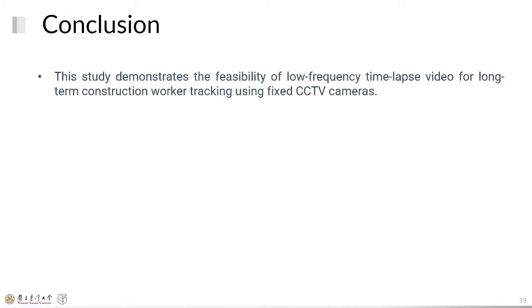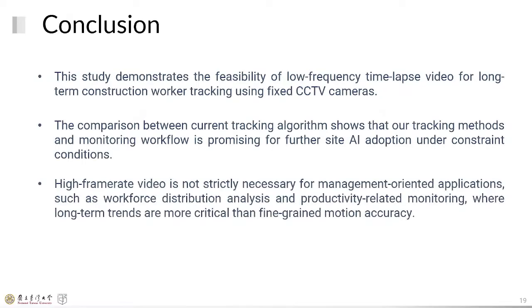So to come to a conclusion, our study demonstrates the feasibility of low frequency time-lapse video for long-term construction worker tracking using CCTV cameras. And the comparison with current tracking algorithms is promising for our workflow to further site AI adoption under constrained conditions, like CCTV already installed on the site, and also reduce the computational time and storage.